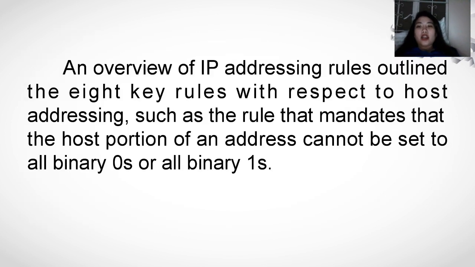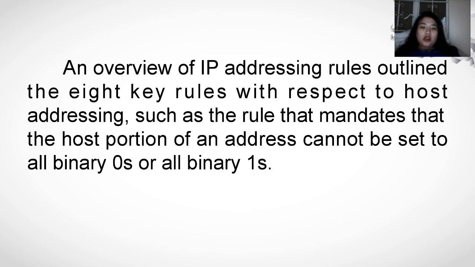An overview of IP addressing rules outlined the 8 key rules with respect to host addressing, such as the rule that mandates that the host portion of an address cannot be set to all binary zeros or all binary ones.